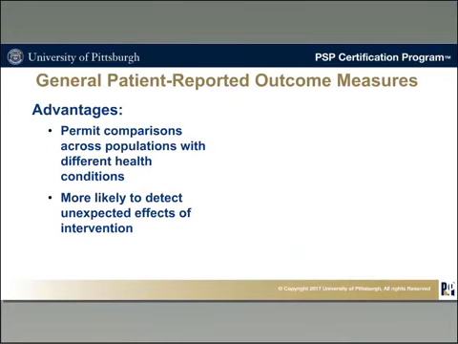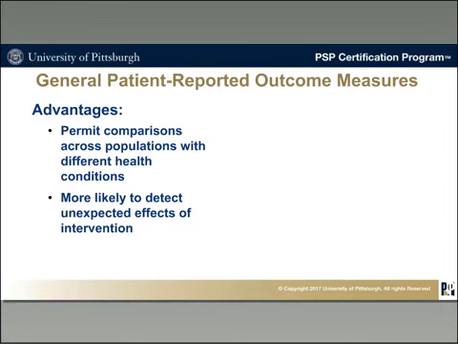The advantages of general patient-reported outcome measures is that they permit comparisons across populations with different health conditions. In other words, you can look at the impact of low back pain and compare that to the impact of a cardiovascular condition, for example. They're more likely to detect the unexpected effects of intervention.